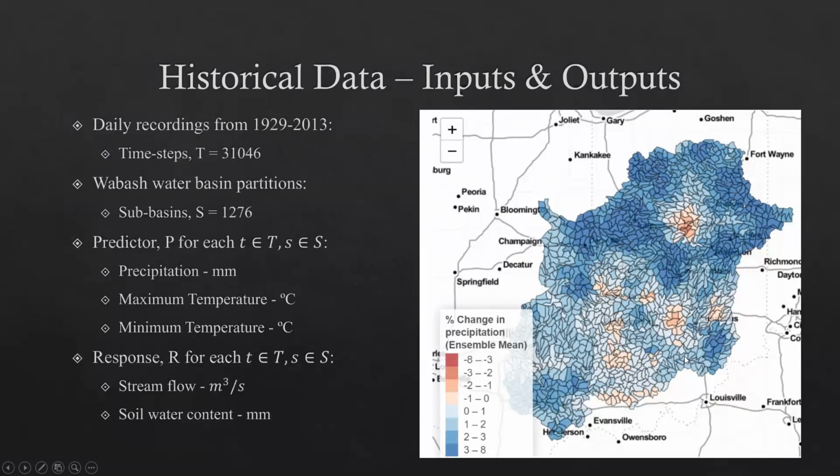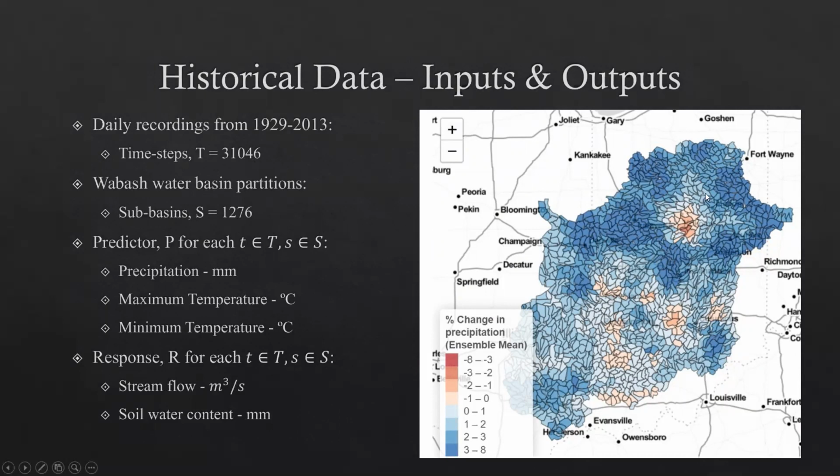Okay, and then going over the data again. The data set features 31,046 time steps, which are day-by-day measurements. Each of those day-by-day measurements has entries for all of the different sub-basins.